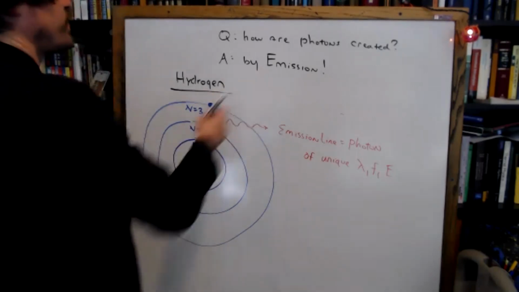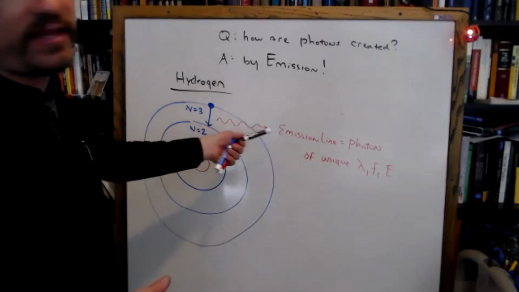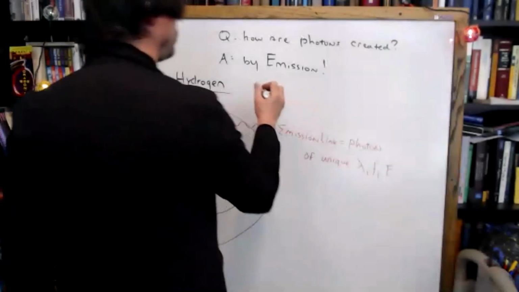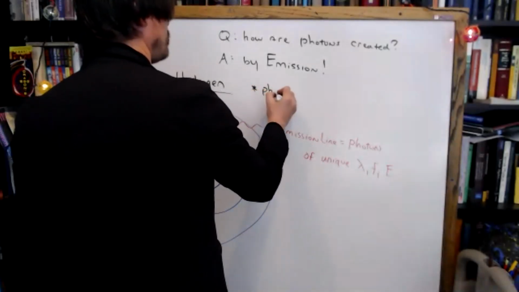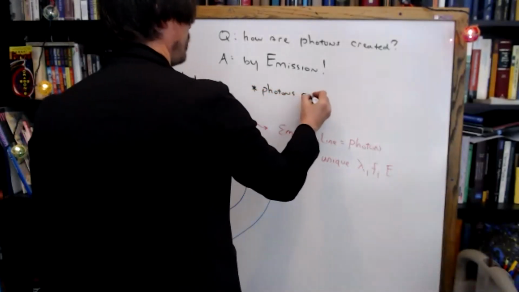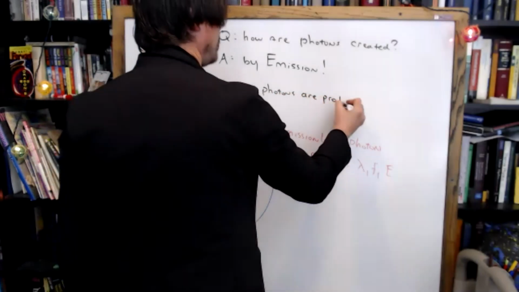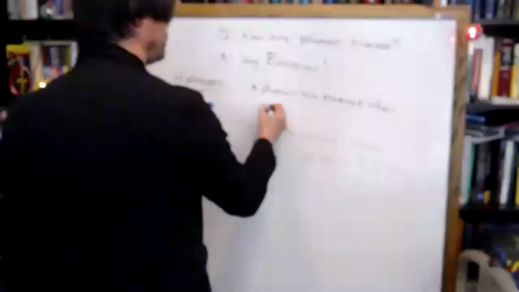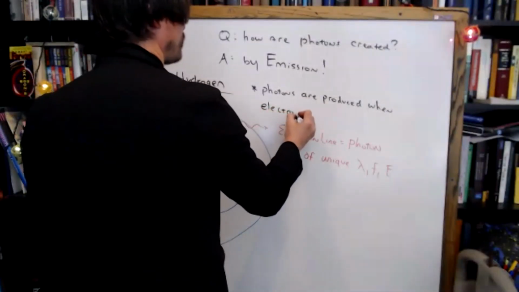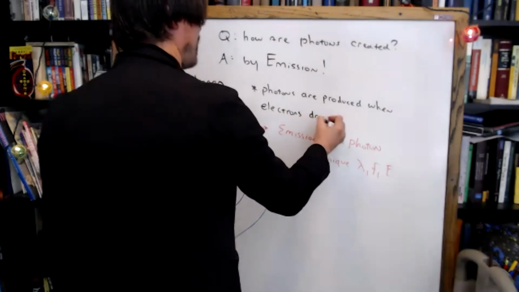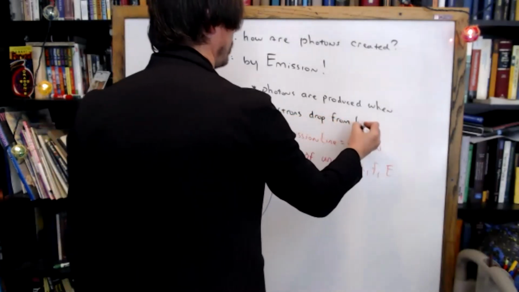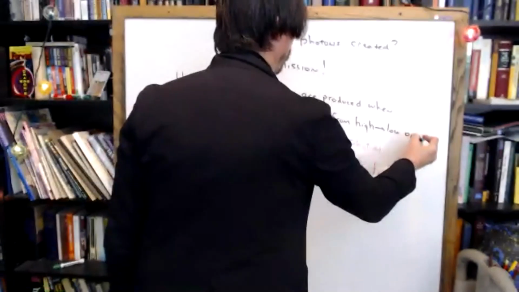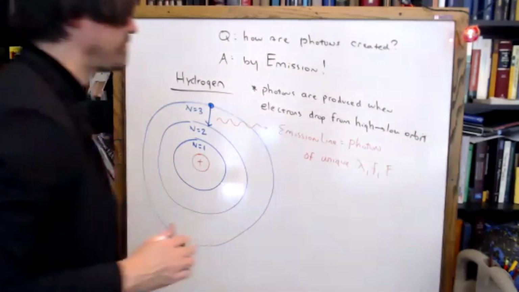One of the rules for emission lines, or this is basically where all light comes from. Here's something we could say: photons are produced when electrons drop from high to low orbit in the atoms.